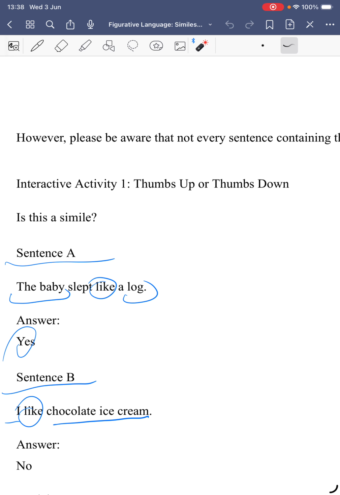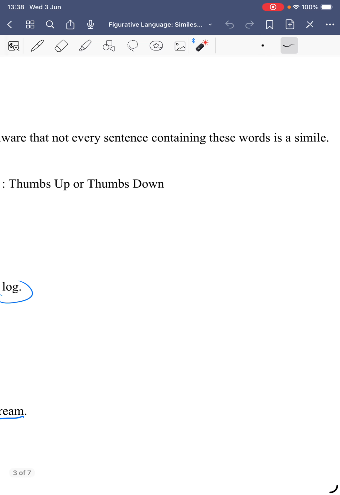But please be aware that not every sentence containing those words is a simile. You have to figure out if the sentence is trying to compare two things or if it is just trying to bring out the literal meaning.